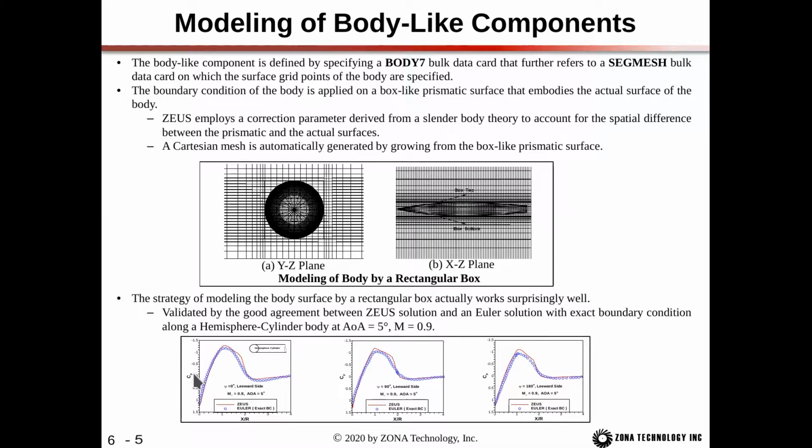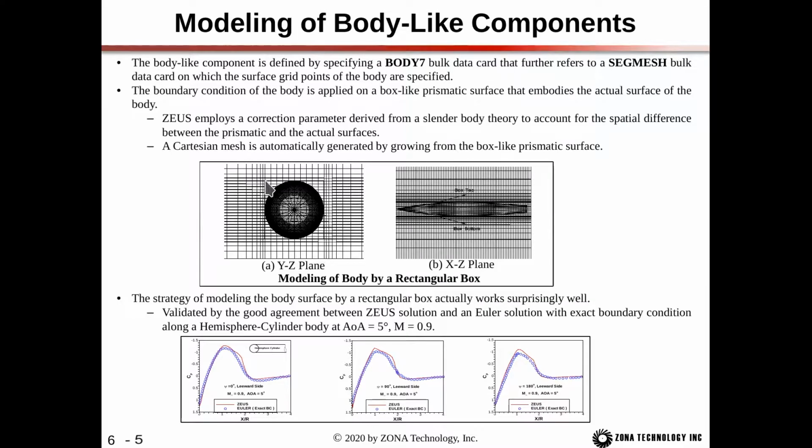So if we look at the CP here on where psi is 0 degrees, so this would be on the right hand side, and then this is the upper surface, and then this is the left hand surface. So you can see that the ZEUS matches quite well with the exact boundary condition.